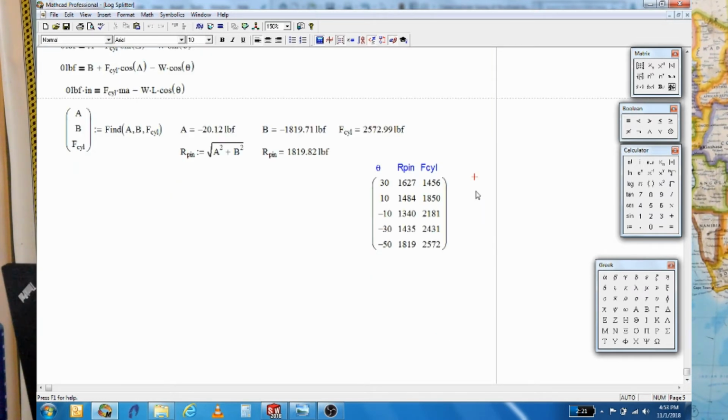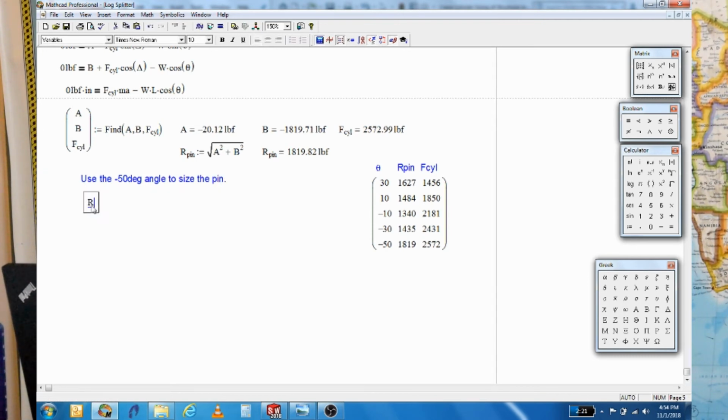Okay, so I've made a small table here of different angles, and you can see here that as you get higher and higher, steeper and steeper with the jib, my force gets higher and higher. So I'm just going to come in here and say use the negative 50-degree angle to size the pin.